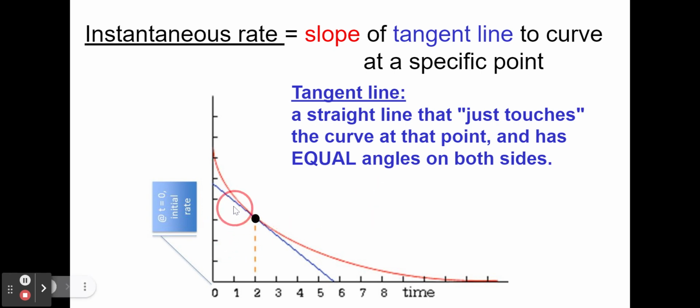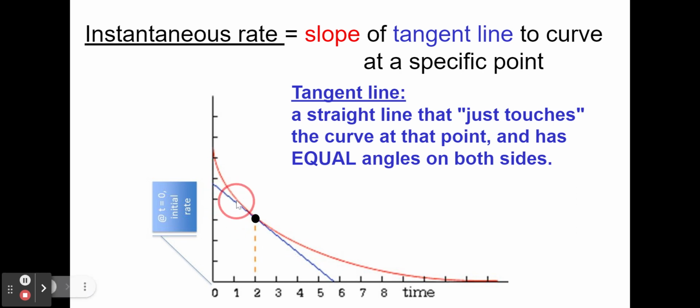So what we mean by that is that the angle between the curve and the line on this side of the point is equal to the angle between the curve and the line on this side of the point. So we want our tangent line to be drawn so that it is touching at only that point of our curve, and that it's straight and not crooked.